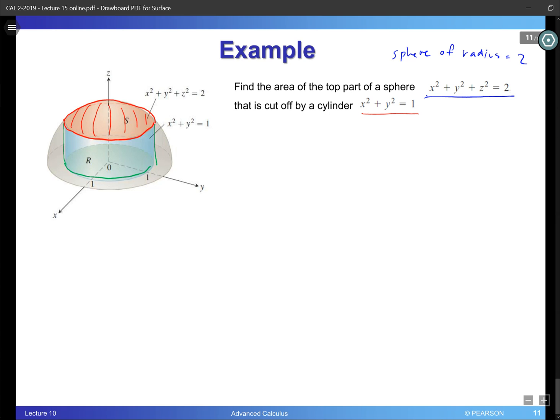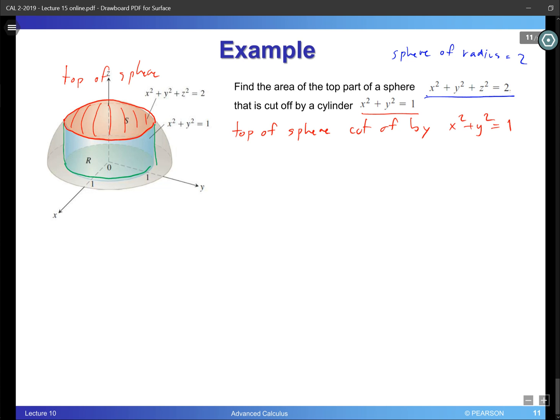This is like the top of the sphere. So you can make a note here, this is about the top of the sphere, cut off by a circle, x squared plus y squared equal to 1.